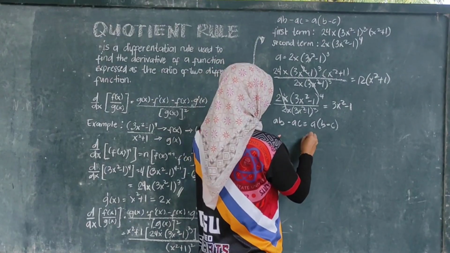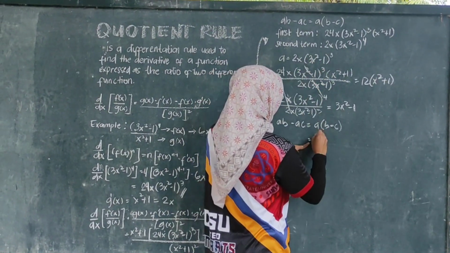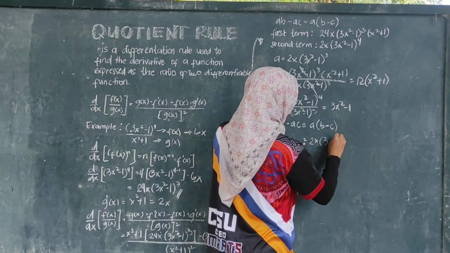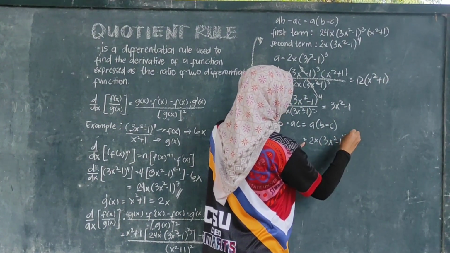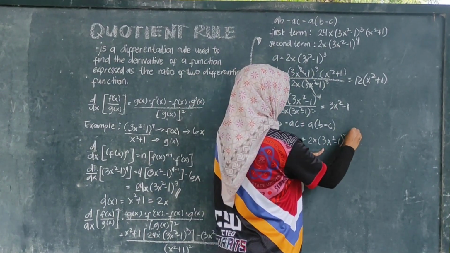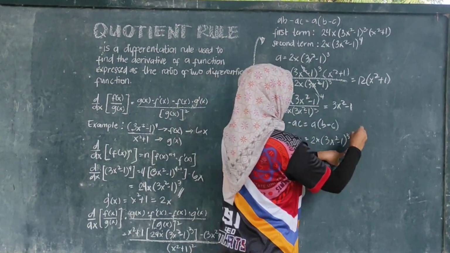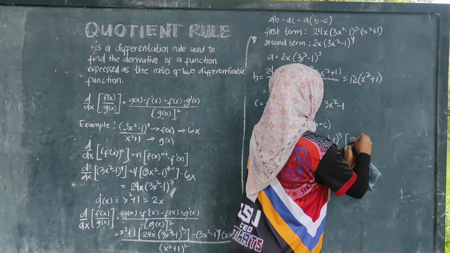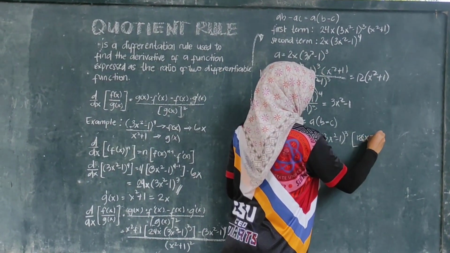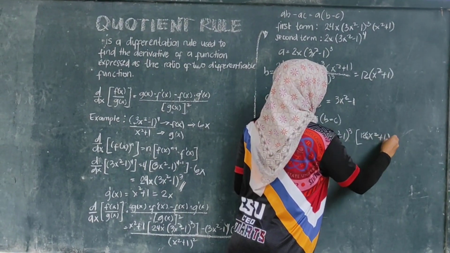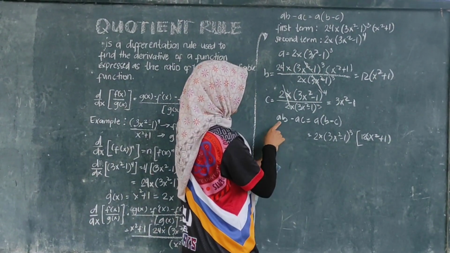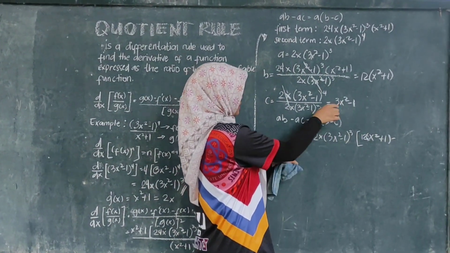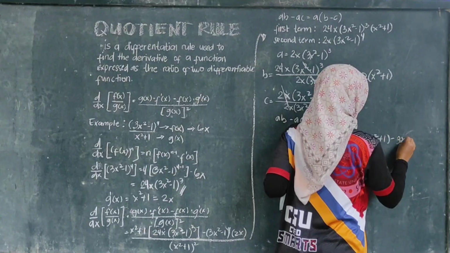So our A is 2x times (3x squared minus 1) to the power of 3, and our B is 12 times (x squared plus 1), minus our C, which is 3x squared minus 1.